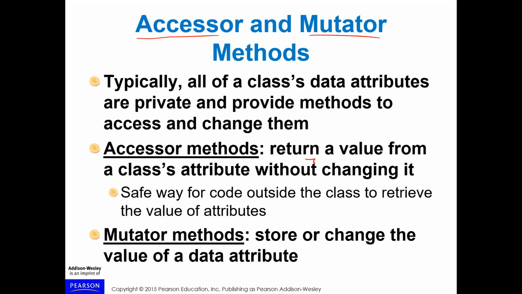An accessor method returns a value from a class's attribute without changing it. That's pretty obvious, I think. It's a safe way for code outside the class to retrieve the value of its attributes. And the mutator method stores or changes the value of a data attribute.